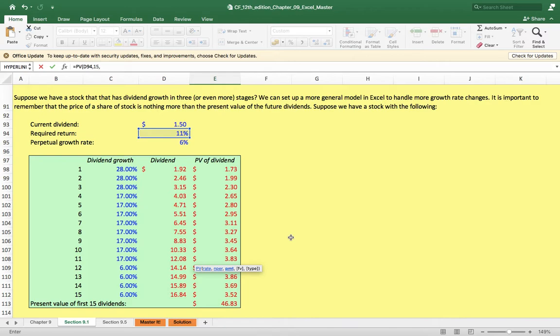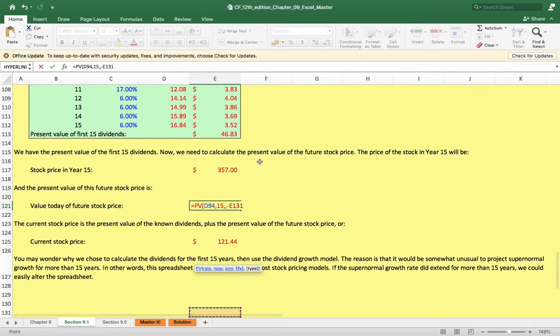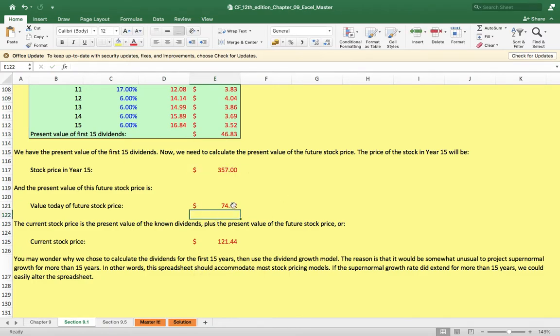What is the in-between payment, PMT? Nothing. So comma, future value, minus that value 357, bracket close, enter, equal to 74.62. So the stock price is equal to the present value of dividends, 46.83, plus 74, the price after 15 years, will be the current stock price.